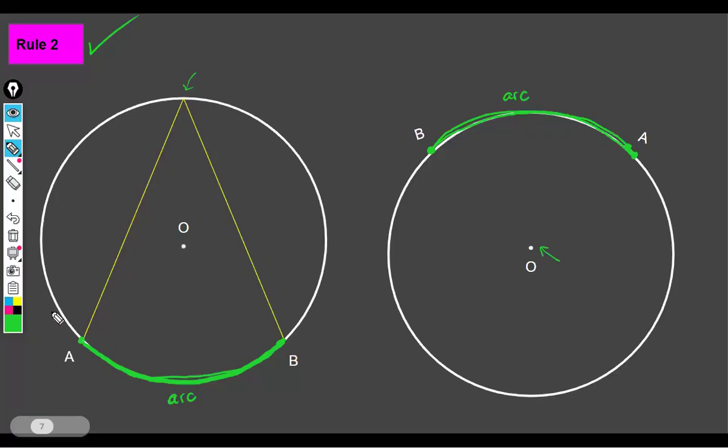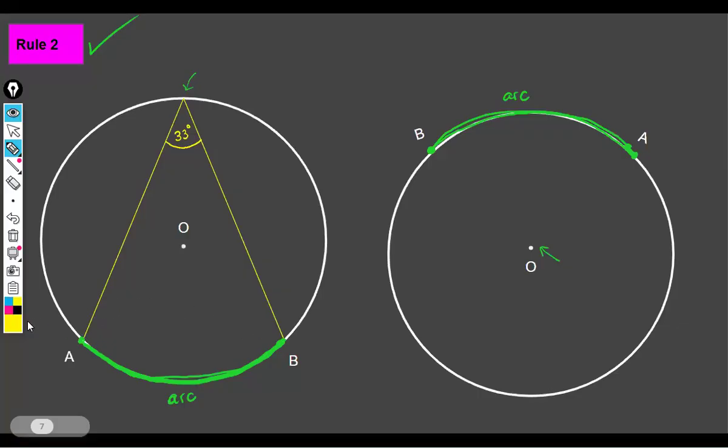Now, if we use our protractor, we're obviously going to get an angle here. I don't know the size of the angle. Let's just pretend that if we use our protractor, we will get 33 degrees. So everyone just put in 33 degrees, our make-believe value. Now, here's how rule 2 differs from rule 1.